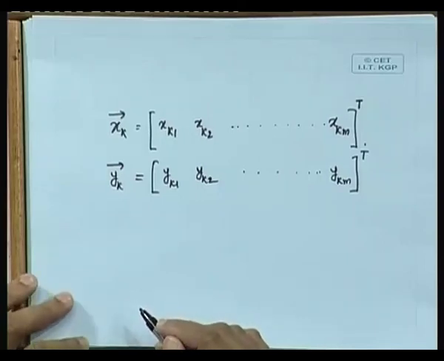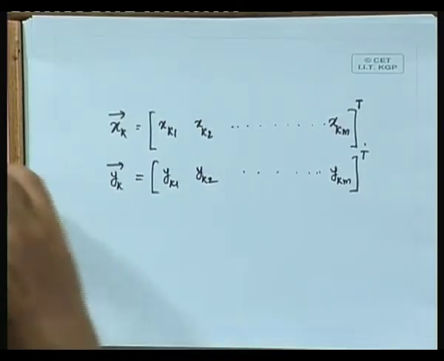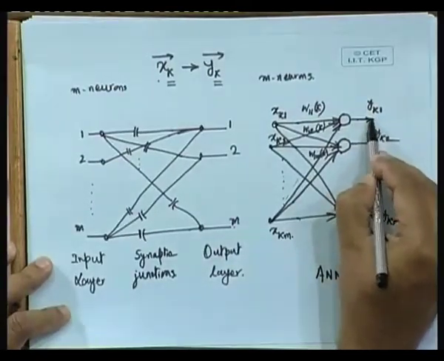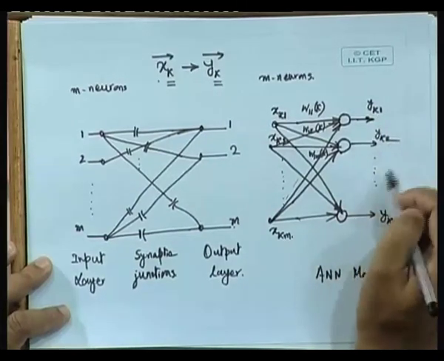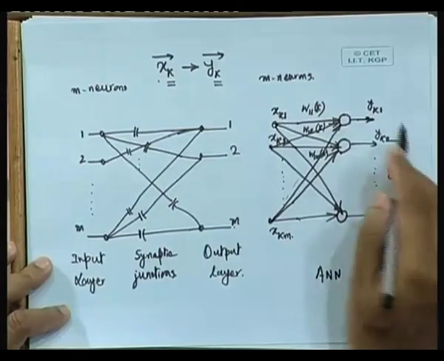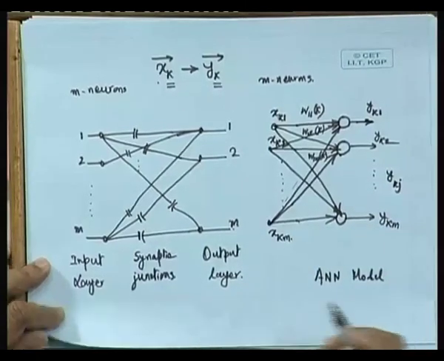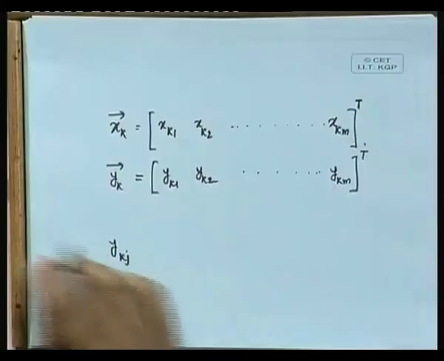Now we consider the response for any one of the neurons. These are the outputs Yk1, Yk2 up to Ykm. So we consider the response of the jth neuron in the output layer for the pattern K. So we are considering Ykj. What can be the representation of Ykj?